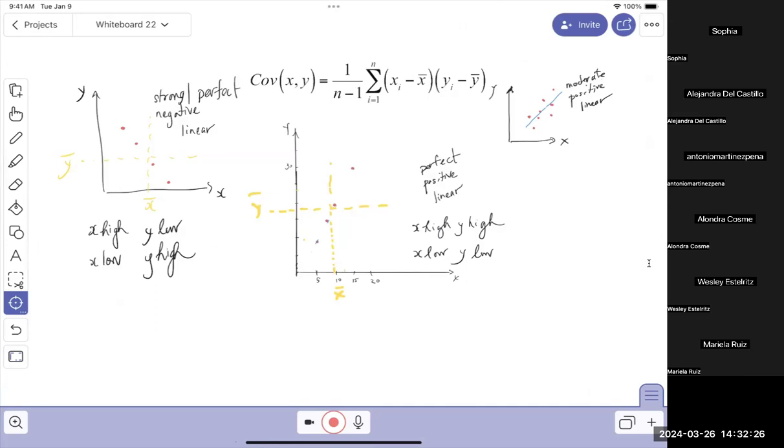Alondra says it's going to be positive. And she is right. So this will be positive. So I'll put this here: x_i, x bar, y_i, y bar. And if y is high, what will y_i minus y bar be, positive or negative?